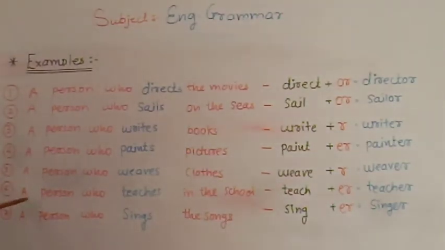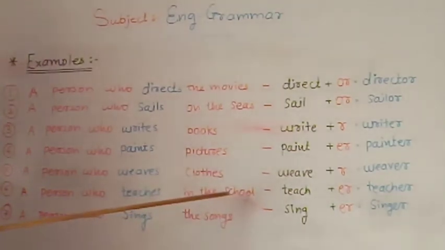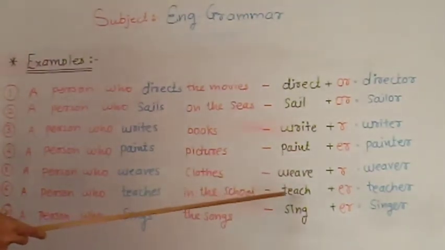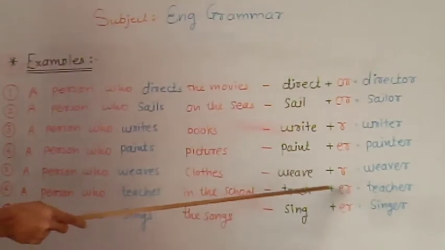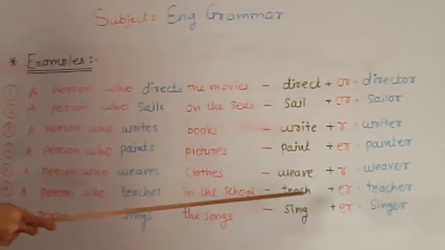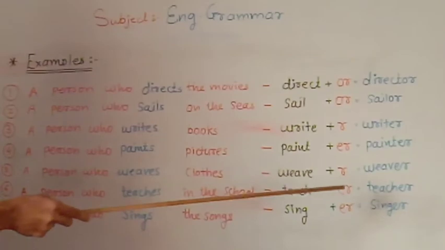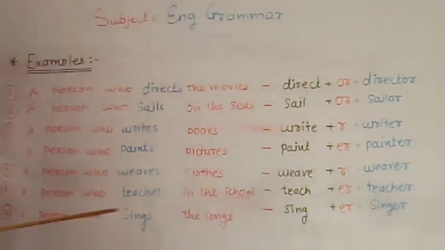Next, a person who teaches in the school. In this sentence, teach is one of the verb, that means an action word. When we added er to the verb teach, it becomes teacher, one of the noun.